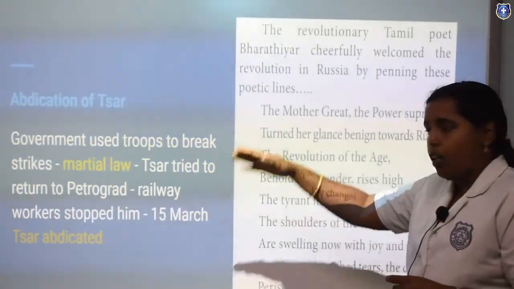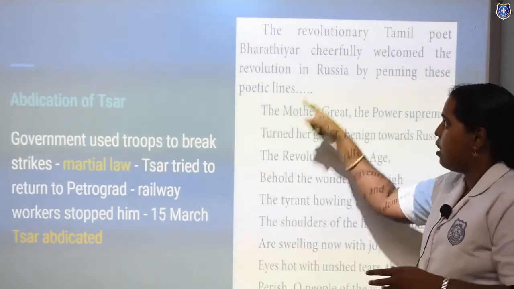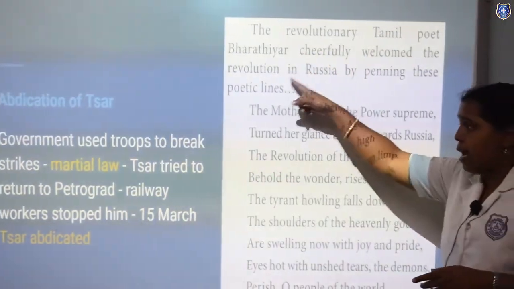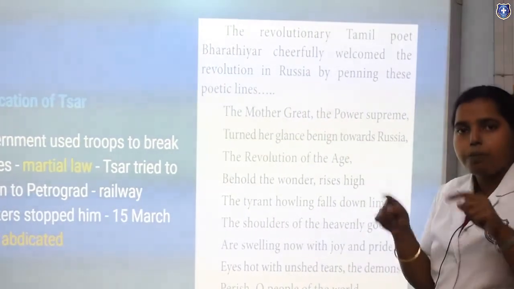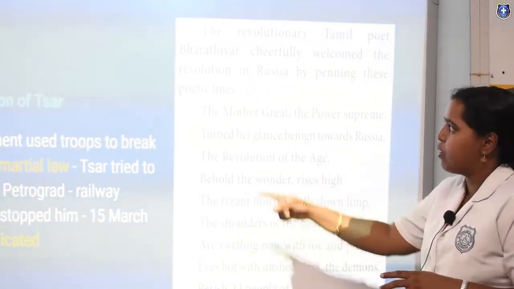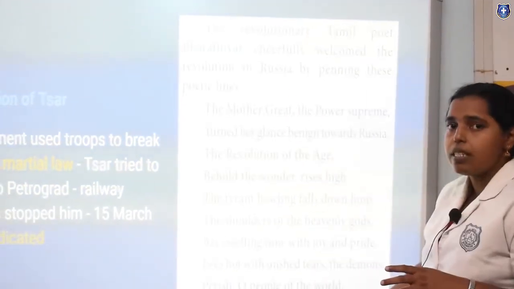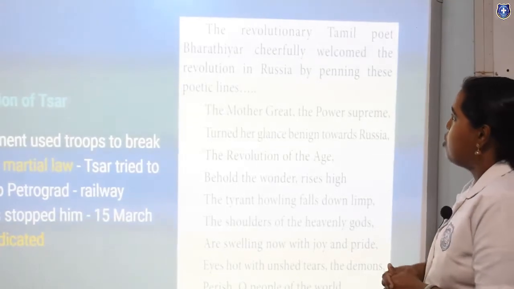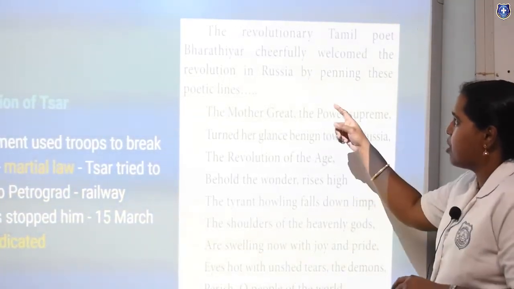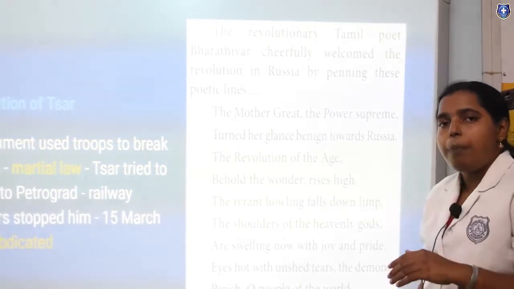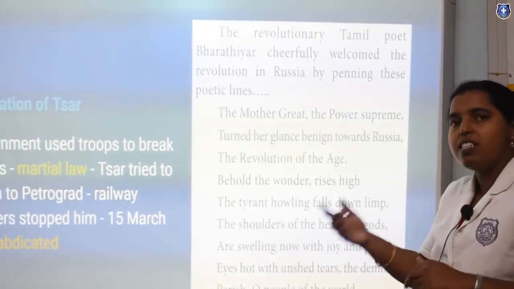In this part of the lesson we can see that the Tamil poet Bharadiyar was writing a short poem on this revolution. The revolutionary Tamil poet Bharadiyar cheerfully welcomed the revolution in Russia by penning these poetic lines. That is, he was the support of the common people, and he was against the ruling party.